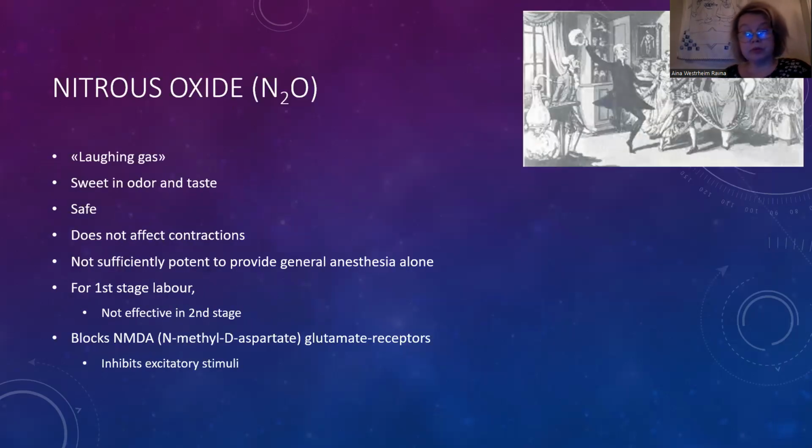So we're moving on to nitrous oxide, which is also known as laughing gas. It is sweet in odor and in taste, and it is safe. And it does not affect contractions. But it's not sufficiently potent to provide general anesthesia alone.